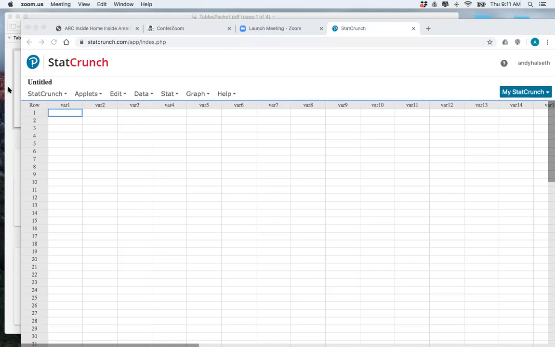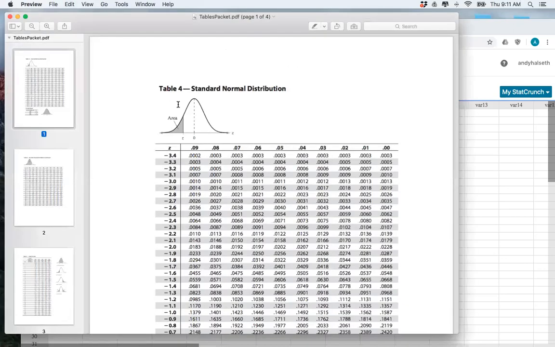Let's see, where's my table? There it is. Negative 1.45. There it is. 0.0735. And since it's a left-tailed test, that's it, right? So it's just that number, okay?